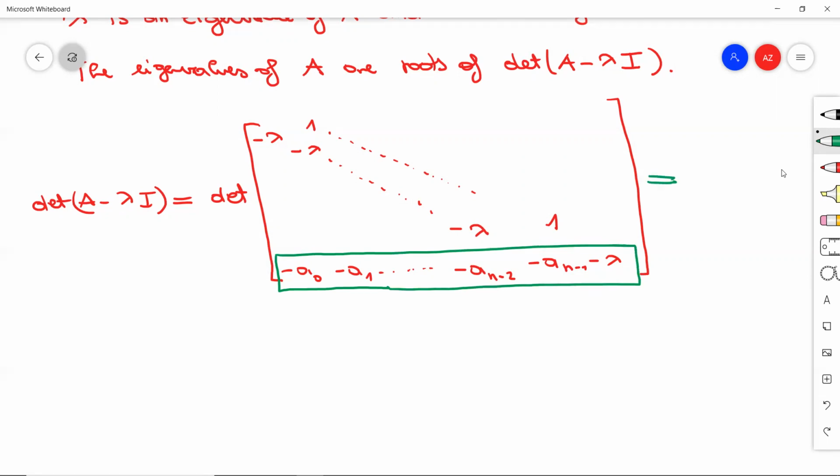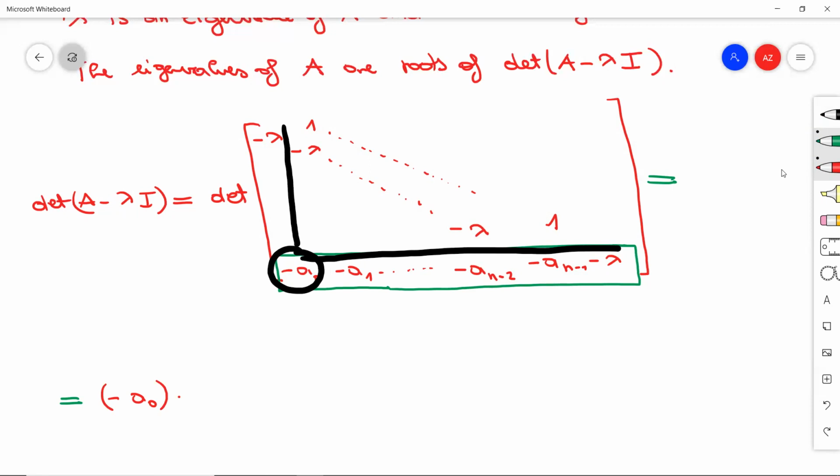We take the entry minus a0 times the determinant of the remaining n minus 1 by n minus 1 matrix, after forgetting the first column and the last row. What do we get here? What's the determinant of this matrix which remains?